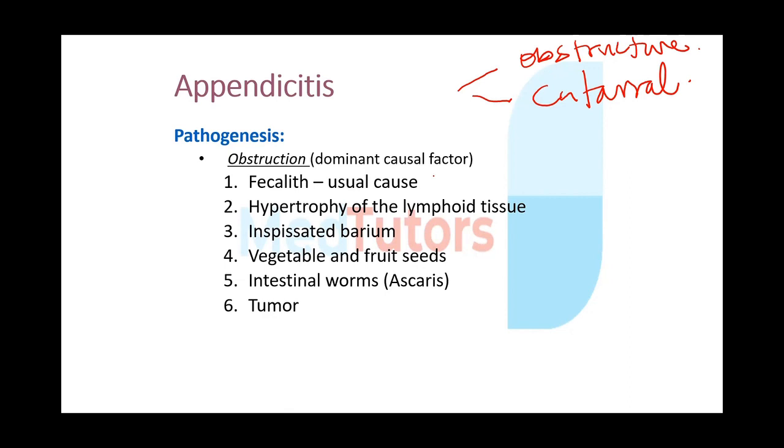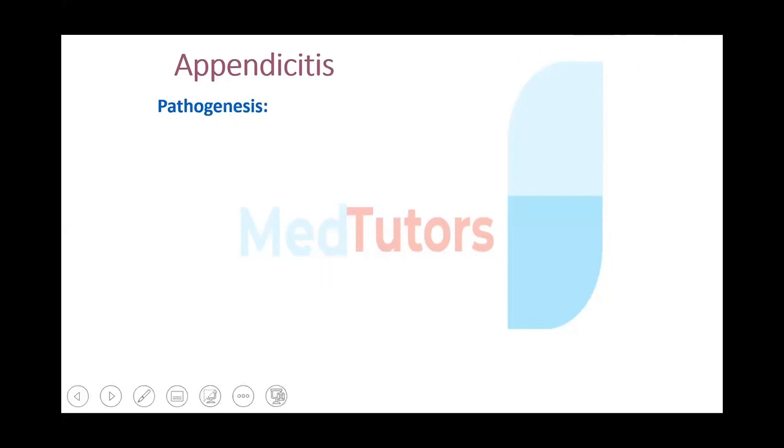So you could have tumors in the pelvis which cause extrinsic compression, ultimately leading to acute appendicitis. So what you should know is that the obstructive type is usually the predominant cause of acute appendicitis.